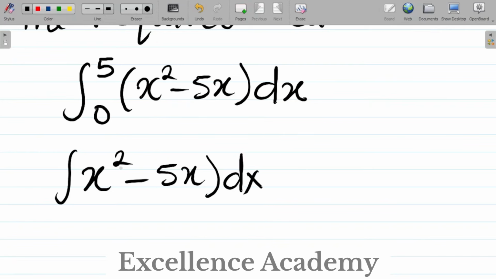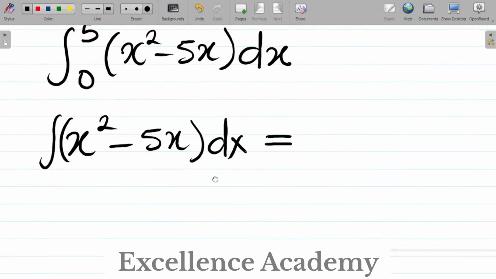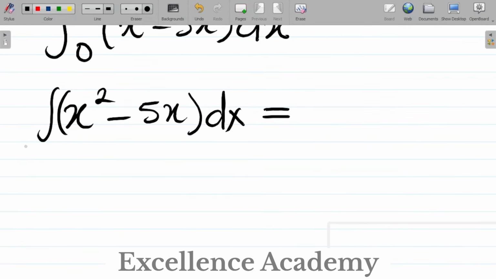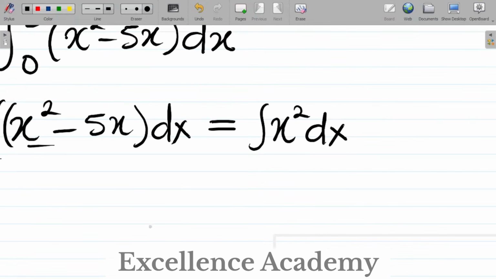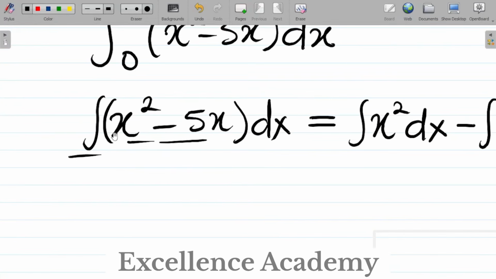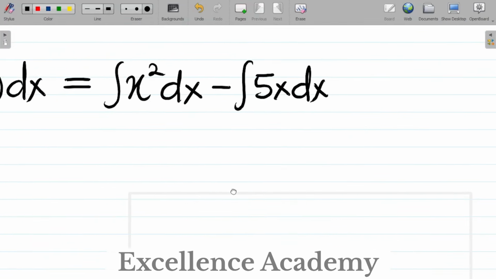This will be equal to, just take the integral sign to the first one, that's the integral of x squared dx, then take the integral sign to the second one, that's minus the integral of 5x dx. Let's integrate this.